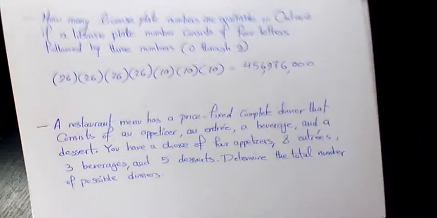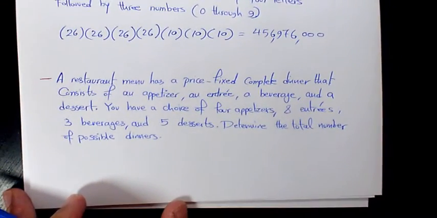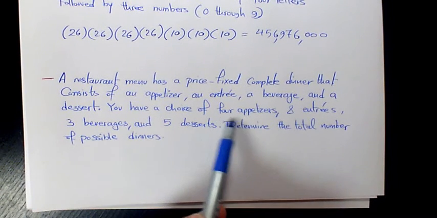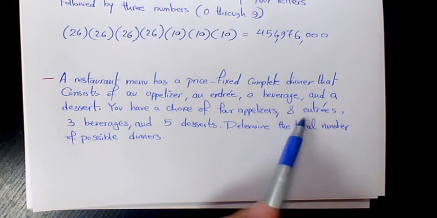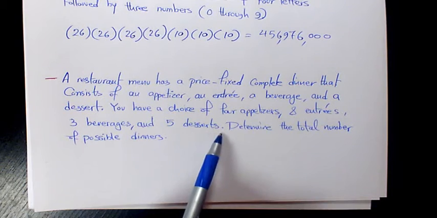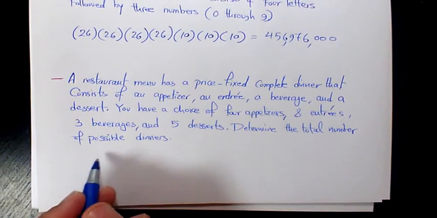Now the next example: a restaurant menu has a price fixed complete dinner that consists of an appetizer, an entree, a beverage, and a dessert. You have a choice of 4 appetizers, 8 entrees, 3 beverages, and 5 desserts. Determine the total number of possible dinners.